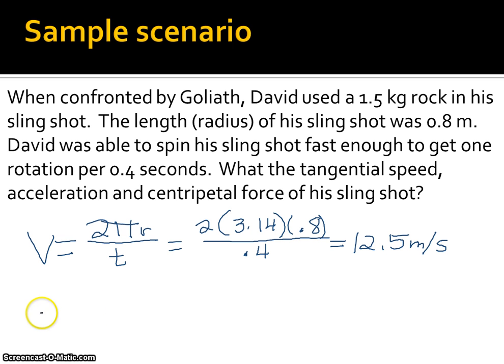To find the acceleration is to take this velocity squared and divide that by the radius. So we're going to take 12.5 and we're going to square that, and we're going to divide it by the radius.